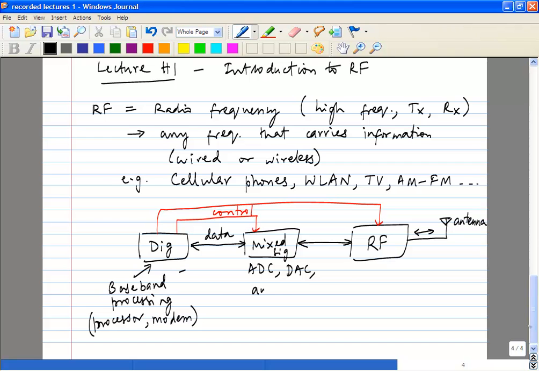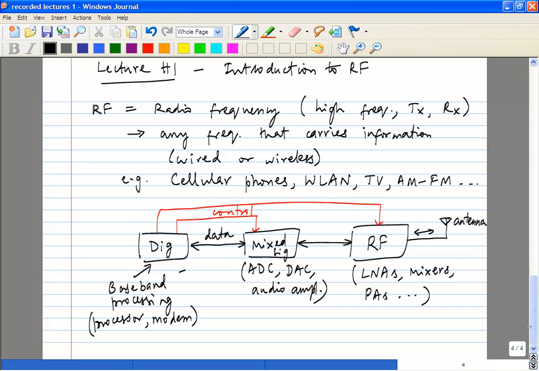So you have the audio amplifier and so on. The RF system usually contains low noise amplifiers, mixers, and nowadays the PAs and so on.